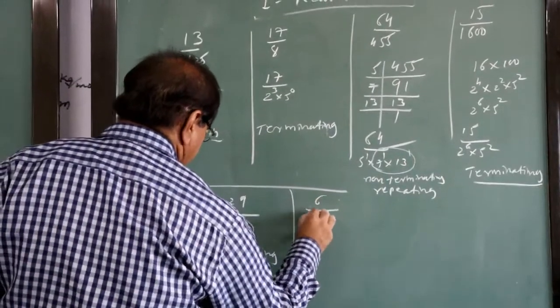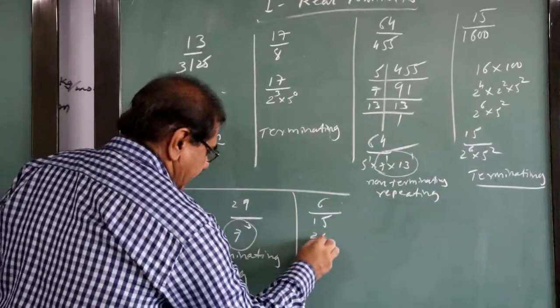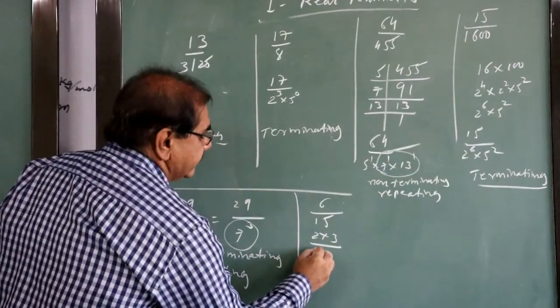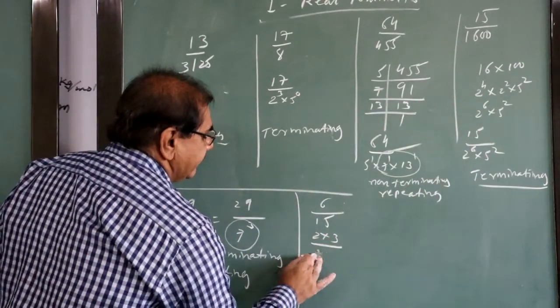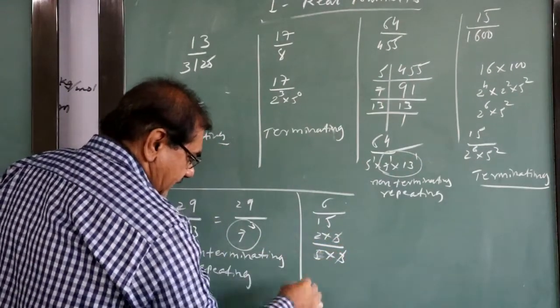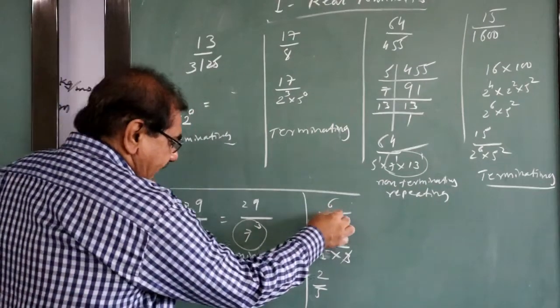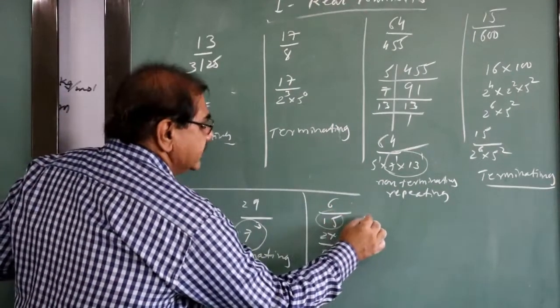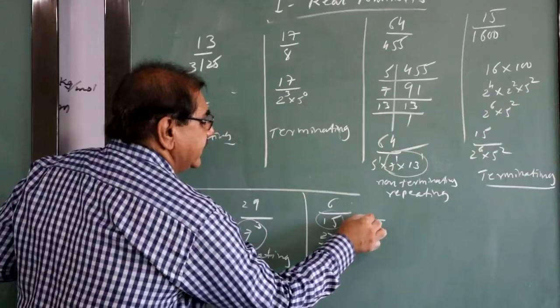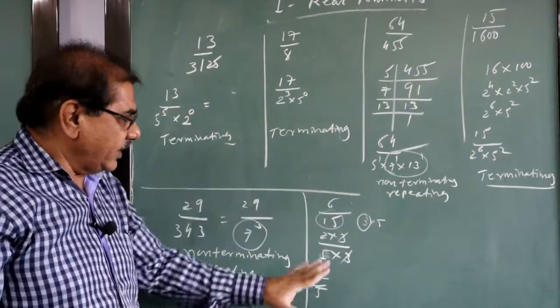Take one more, 6 upon 15. Now 6 means 2 3s are 6, 15 means 3 5s are 15. Now here 3 cancels, so it is 2 upon 5. Looking at the fraction directly, 15 means 3 5s are 15, 3 is there other than 2 and 5, so it is non-terminating.